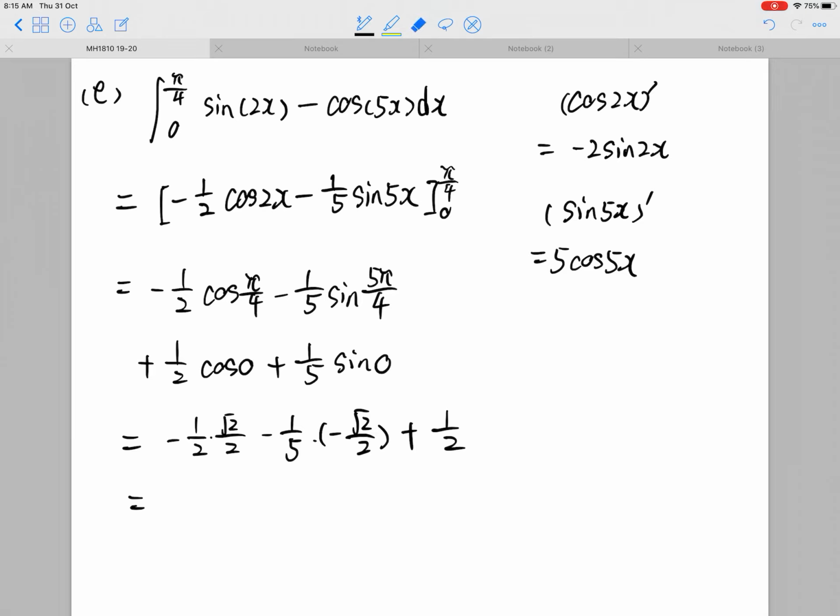Sorry, here is a typo, right? It should be pi over 2. So this part, it should be cosine pi over 2, it is 0, right? So the answer should be just half plus square root of 2 over 10.